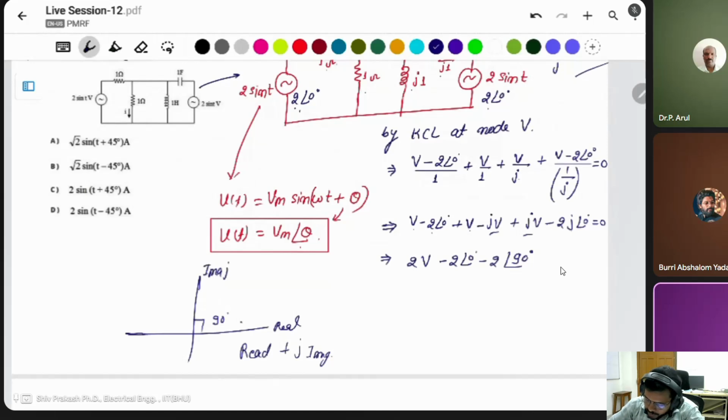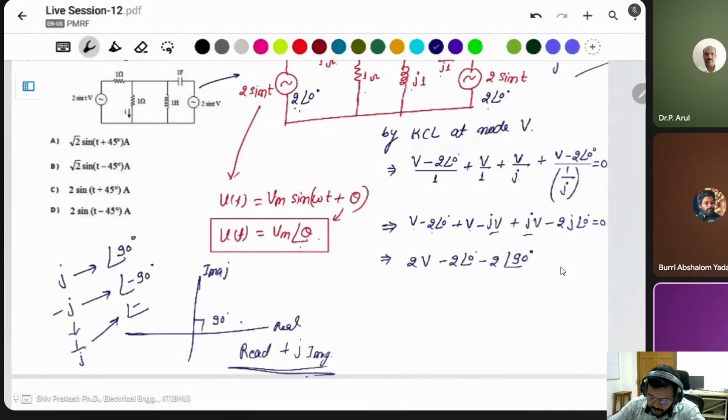Anywhere j is there, this includes the angle 90 degrees. Where minus j is there, this includes minus 90 degrees, or this is written as 1 by j. 1 by j includes the minus 90 degree angle.